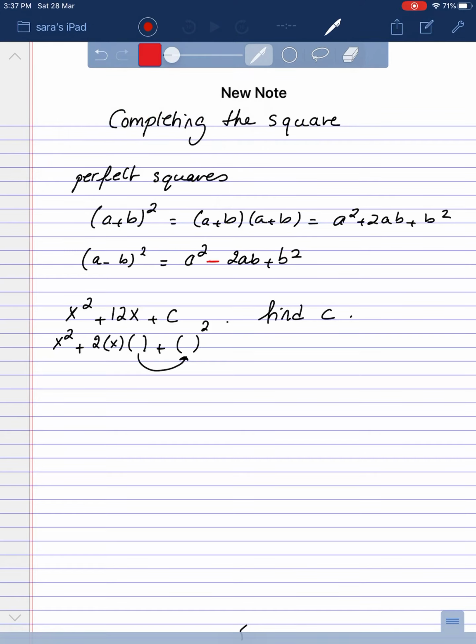This value over here will be 6, and then this will be 6 squared. So if I want to complete the square, it will be x squared plus 12x plus 36. And once the square is completed, you can write it in its bracket form as (x plus 6) to the power 2. So hopefully it will give you an idea.